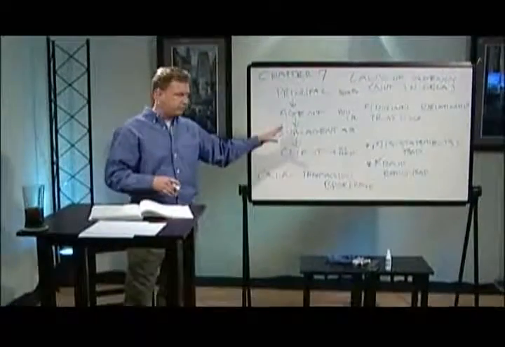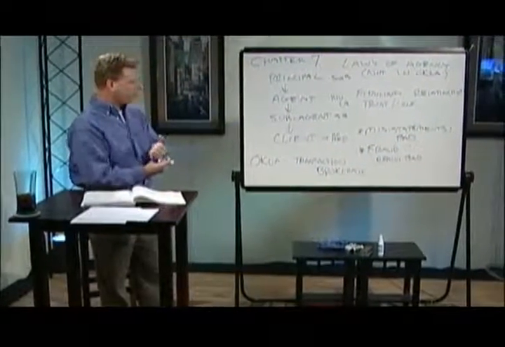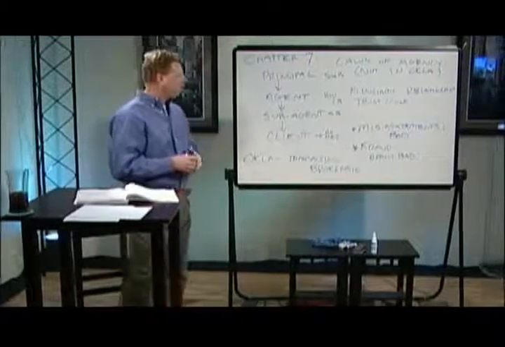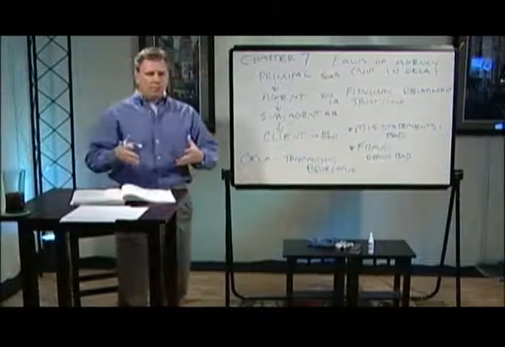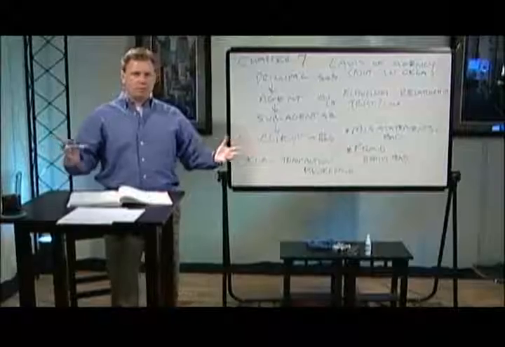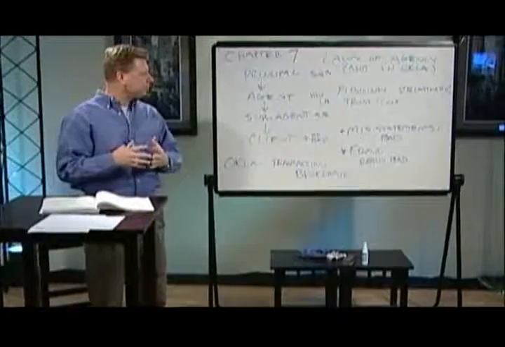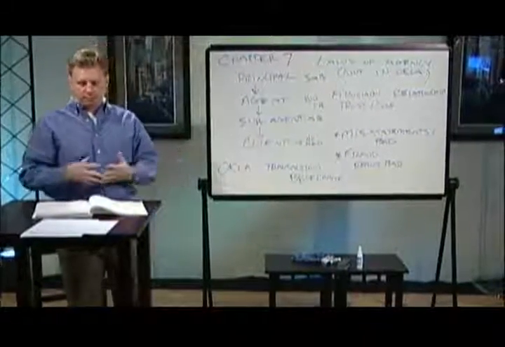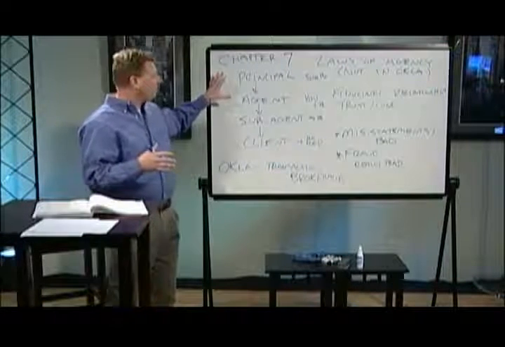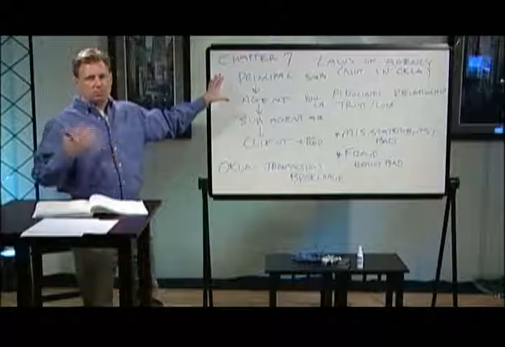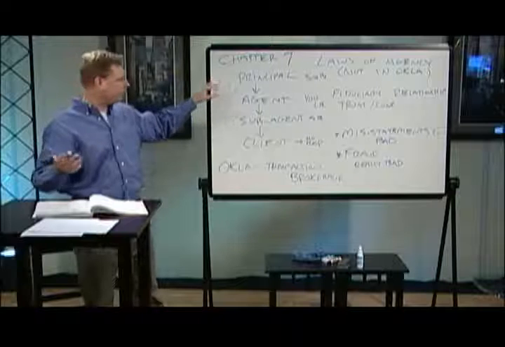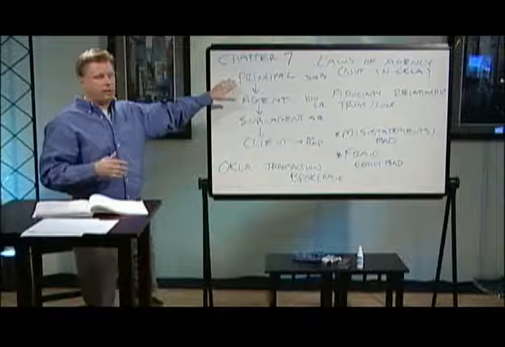Let me reference this board because it'll help you understand as we go through the material. In agency, you have a relationship. So to simplify this as best I can, when you list or represent a buyer in a transaction, they're the principal.